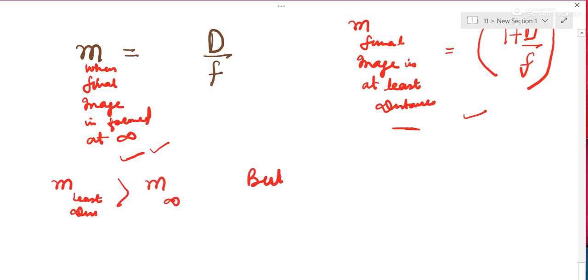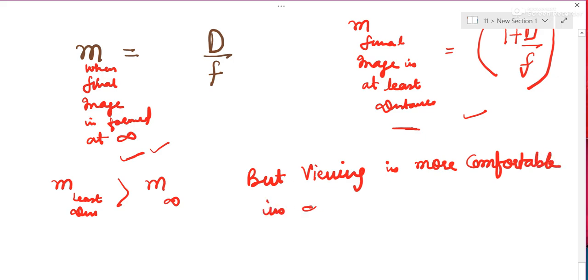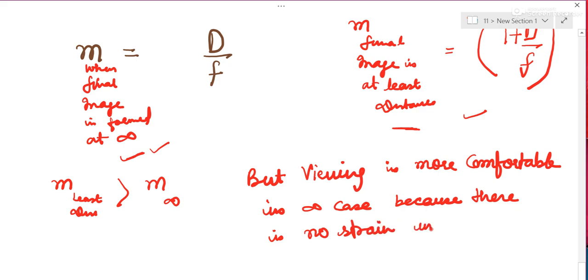But viewing is more comfortable in the infinity case, because there is no strain in the eye. But here magnification is more. So kindly prepare this topic, it is important.